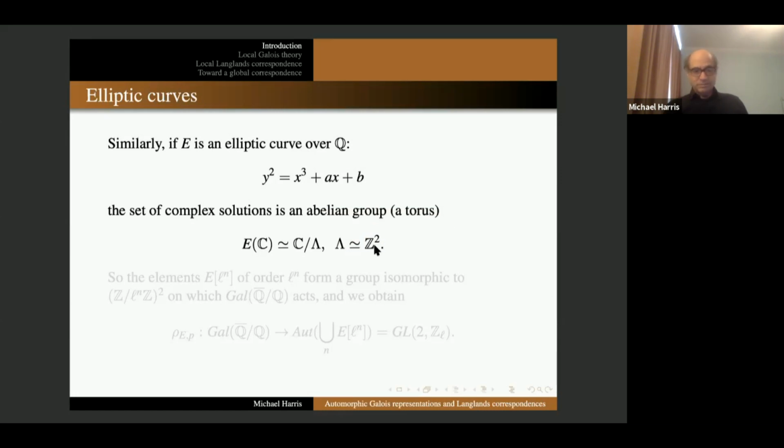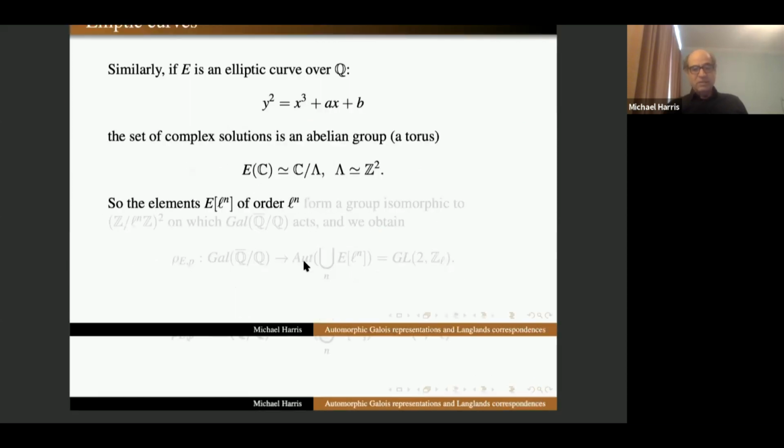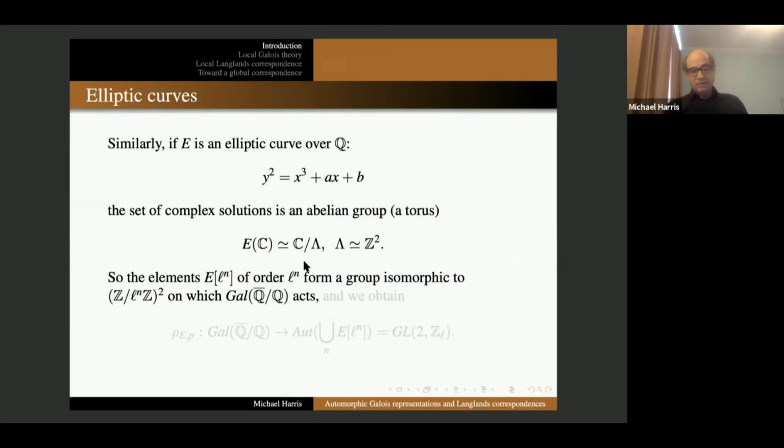All right. So the elements of order L to the n in this complex group modulo the lattice, you can think of this as R2 mod Z2, at least as an abstract group. So the elements of order L to the n are just (Z mod L to the n)^2, and the Galois group acts on that. So what are the automorphisms of (Z mod L to the n Z)^2?